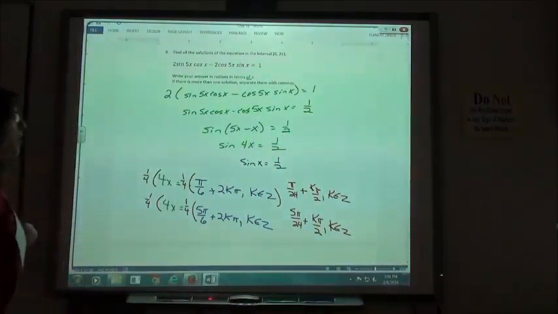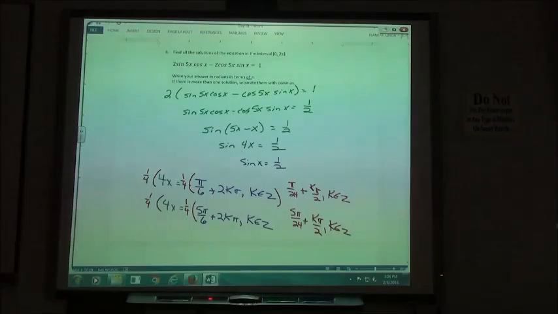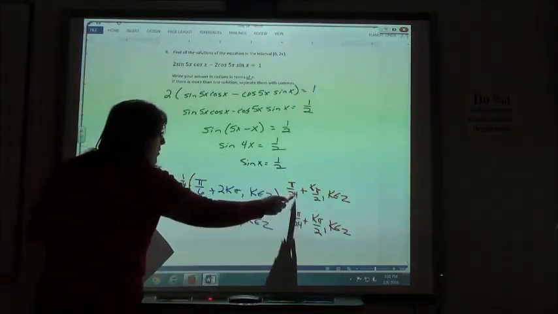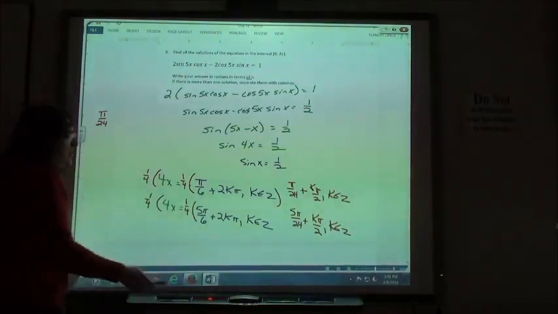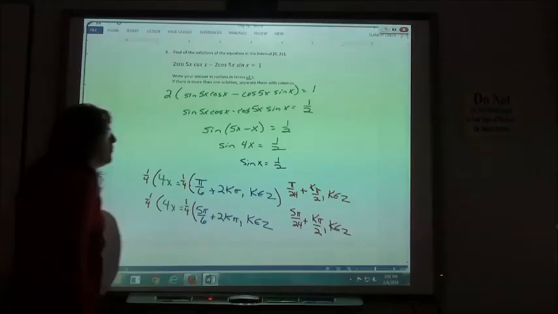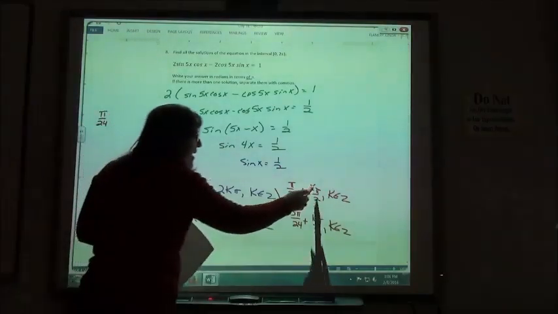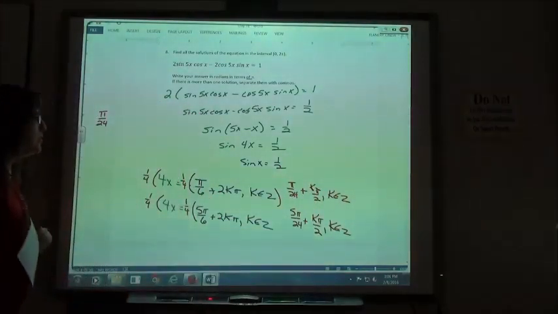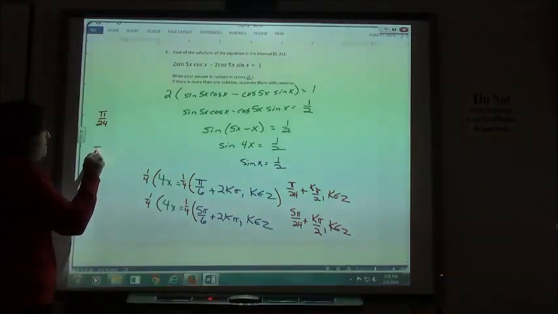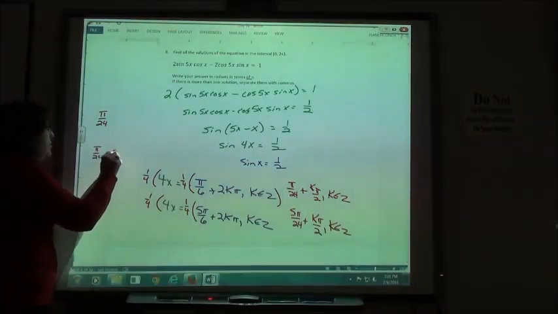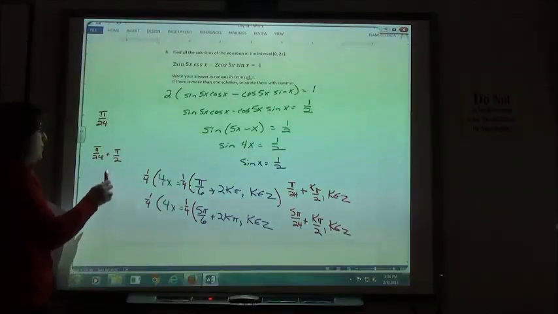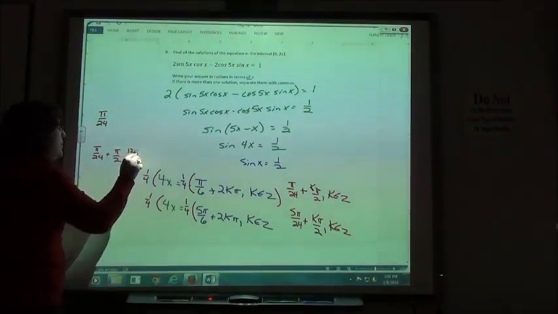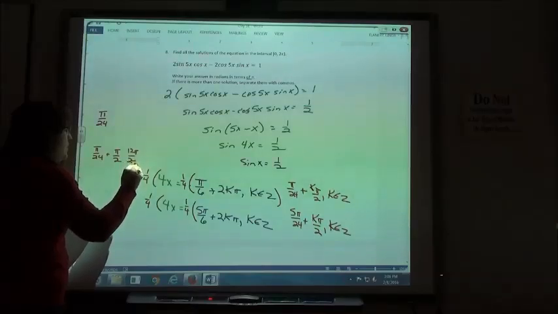But of course they don't want it in that form. They want every single angle that's between 0 and 2 pi. So I'm going to start with pi over 24, because if this is 0, I would get pi over 24. I'm going to keep adding pi over 2. So if I add plus pi over 2, that would be 12 24ths.